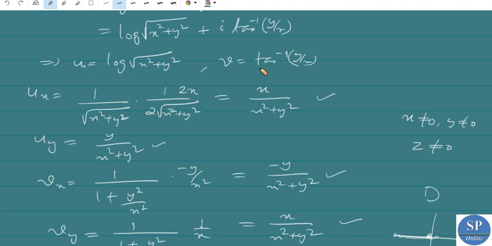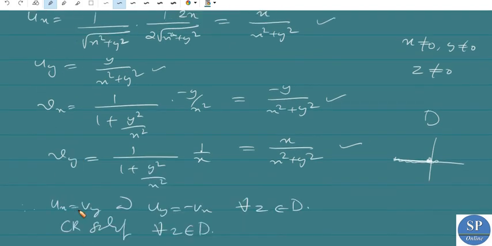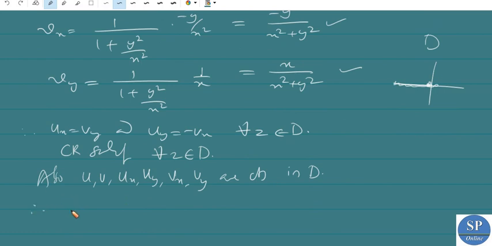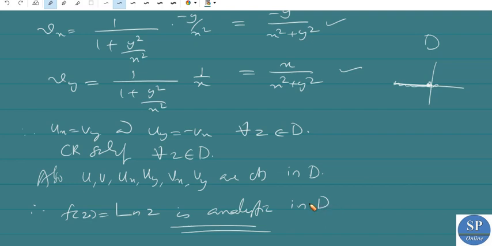So u and v are continuous, and the partial derivatives ux, uy, vx, vy are continuous for all z belonging to D. So we have f of z equal to ln of z is analytic in the domain D. Okay.